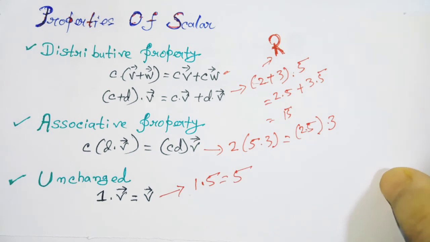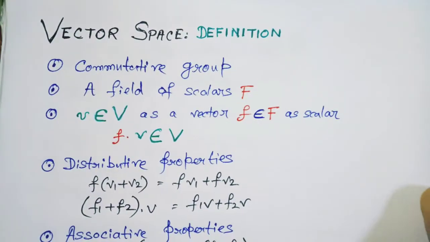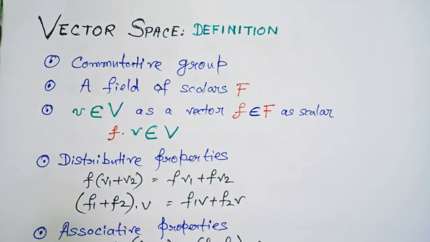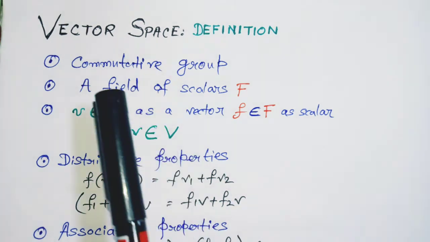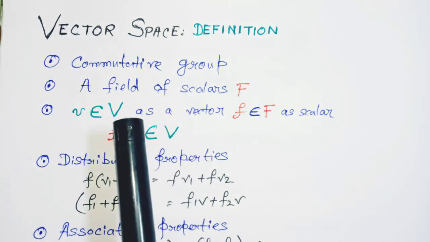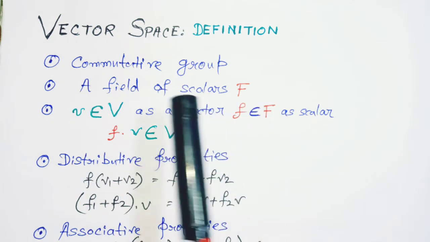Okay. So what is the final definition? Where do we find anything which is called a vector space definition? Here it is. This is a kind of, I won't say abstract, but still, get rid of those arrow parts. So a vector space definition, let us read what it says. It is a commutative group, obviously. A field of scalars, if I take it as capital F, is a field of scalars.